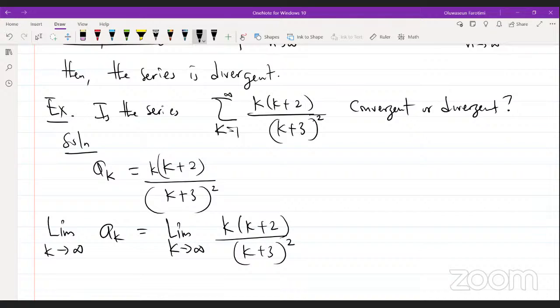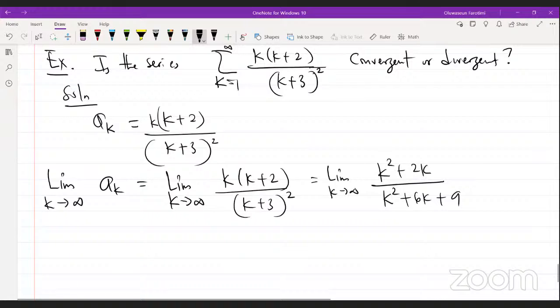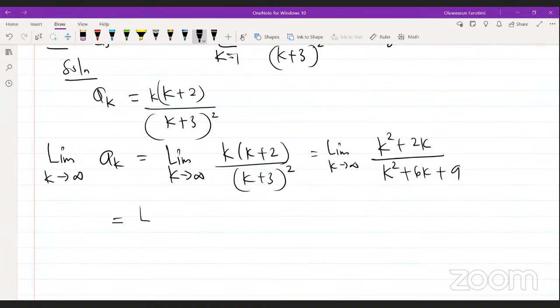So how do we approach this? We can first distribute. You have k squared plus 2k divided by k squared plus 6k plus 9. Now we'll find the limit. Let me show more work here.